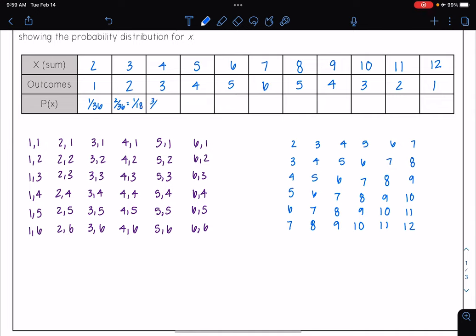Next one is 3 out of 36, which is equivalent to 1/12. 4 out of 36, which is equivalent to 1/9. 5 out of 36. 6 out of 36, which is equivalent to 1/6. And then I repeat everything from before. So 5 out of 36, 1/9, 1/12, 1/18, and 1/36.